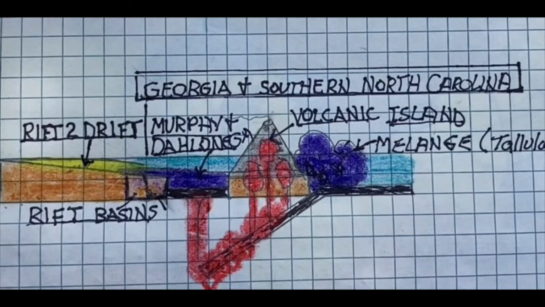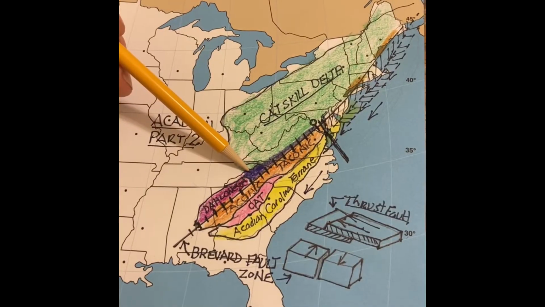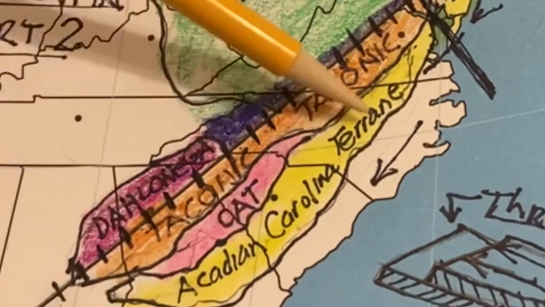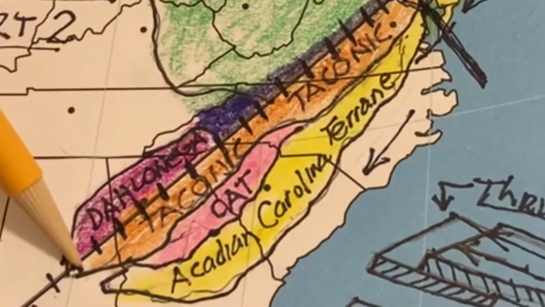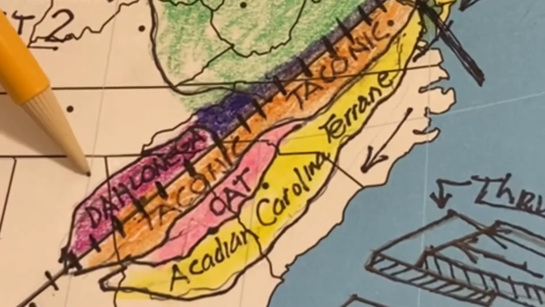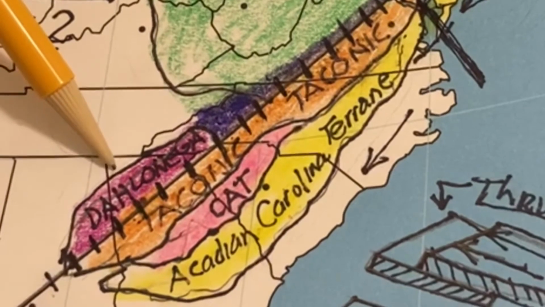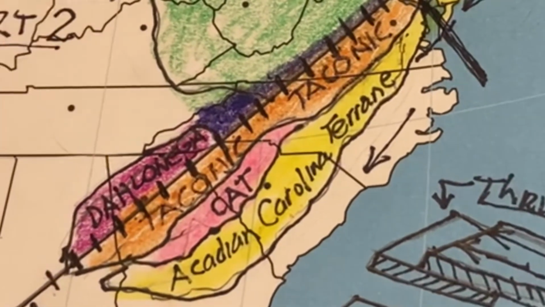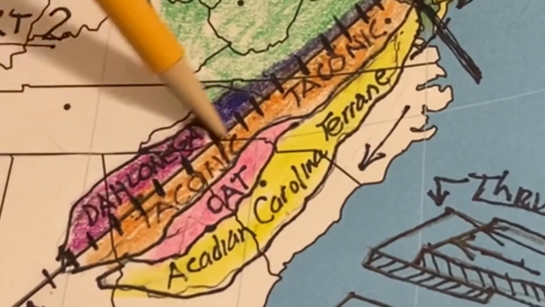Remember the Dahlonega gold belt terrain that formed during Taconic and did not crash during Taconic? But when all this material slid down, it pushed the Dahlonega terrain onto the continent. And look here, Taconic terrain.